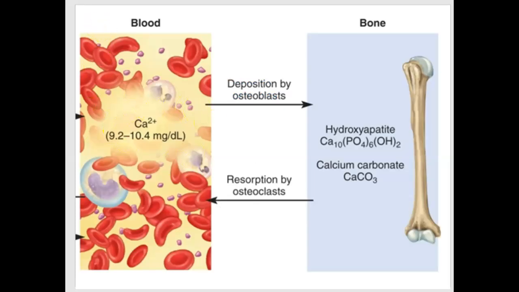So just to review, there's calcium in the blood, there's calcium in the bone. Osteoblasts can deposit that calcium into bone, and osteoclasts can break down that matrix and release the calcium into the blood.